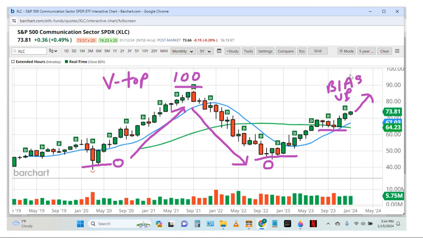And then we've got one of the leaders of the market, along with technology, the communication sector. This chart's interesting because it gives us a different pattern where we had an uptrend, downtrend, and then an uptrend. If this was a zero line, this would be like a 100% move up, and then it came all the way back down to zero, and now it's moving right back up.